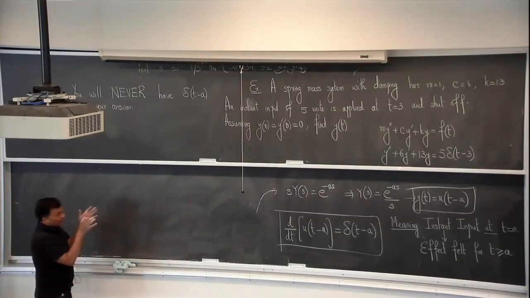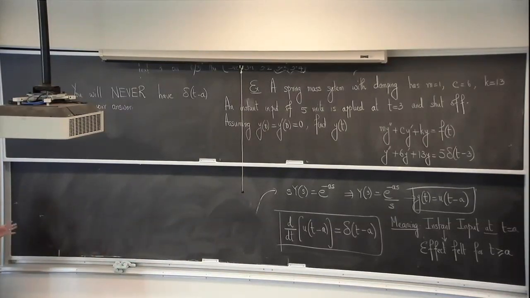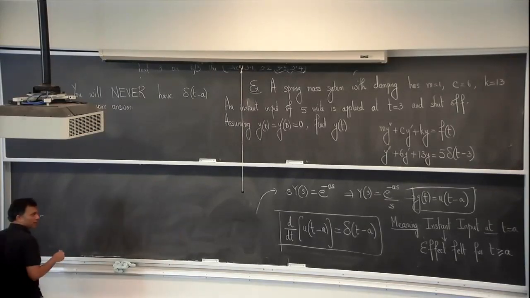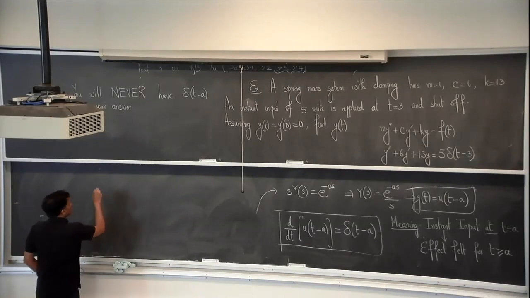So if we are not applying that force, the system is not going to move at all, okay, because the initial displacement and velocity are both equal to 0. The only way that something is going to happen is because of this 5 units that you're imparting to it. So take the Laplace of both sides.